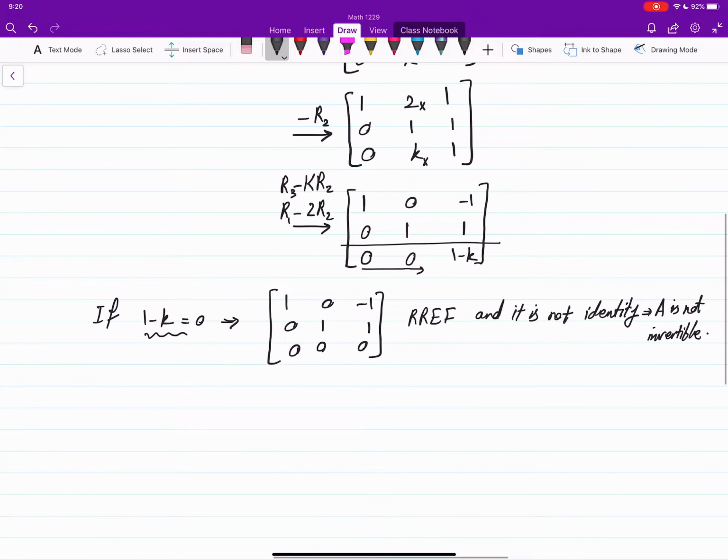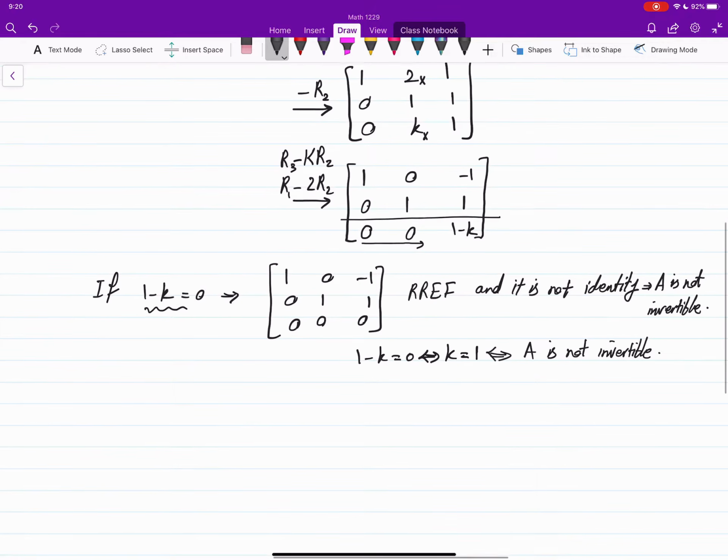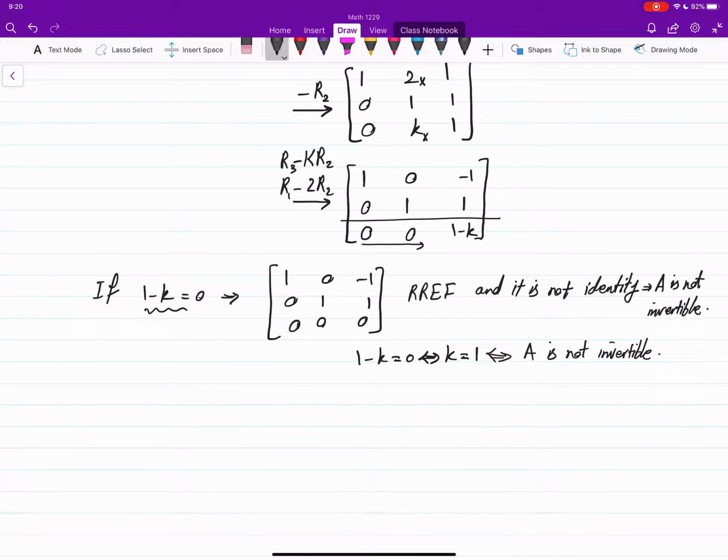In terms of k, 1 minus k is 0 means that k is equal to 1. Actually, this is two-sided. So if k is equal to 1, then A is not invertible.